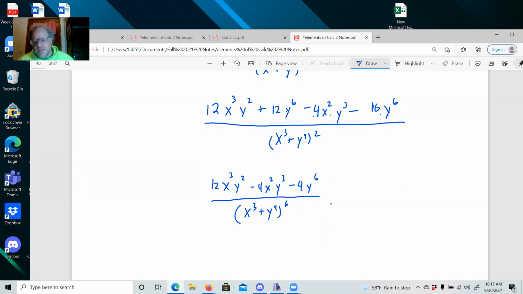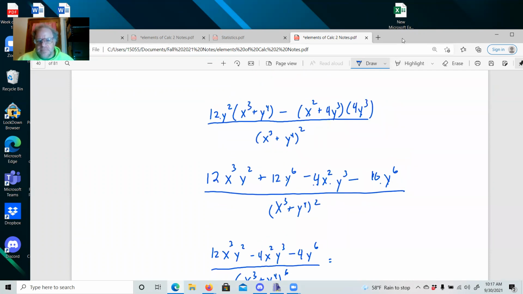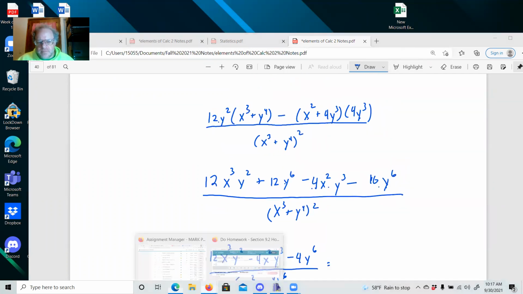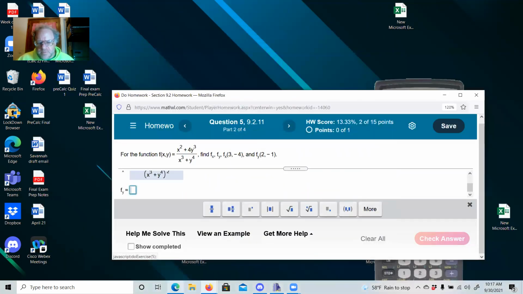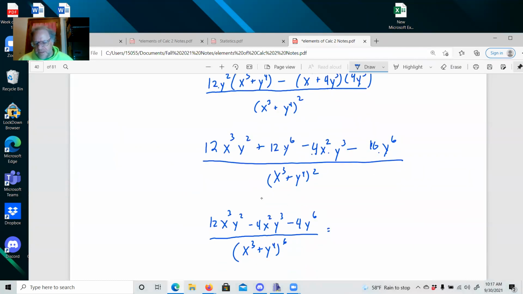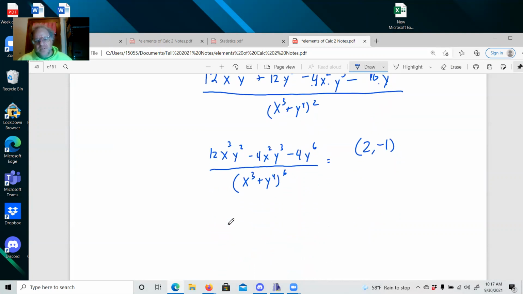All right. And then we're going to plug in, what are we plugging in for this one? 2, -1, to get the rest of this. So we're going to type in 2, -1. This one doesn't quite seem so bad because 1 and 2 are not terribly big numbers, but everything else was kind of a pain.